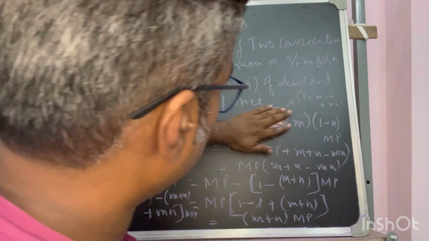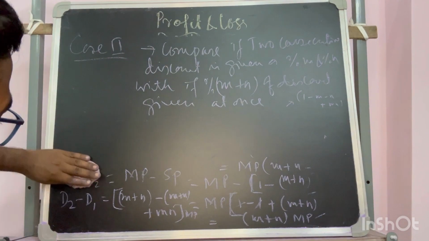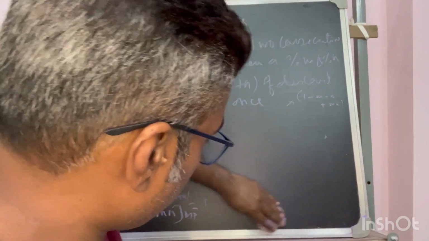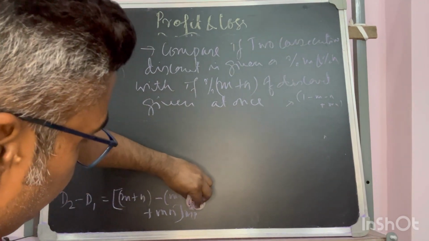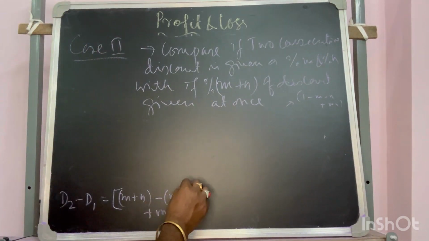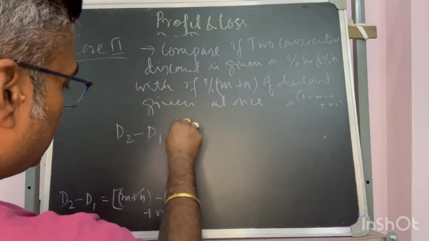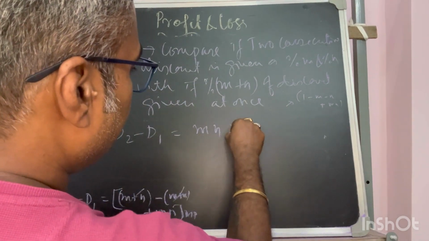Now I'll rub it out, because you understand already what I am deducting. So this is the final figure, this will be cancelled out. Ultimately D2 minus D1, I will get MN into MP.